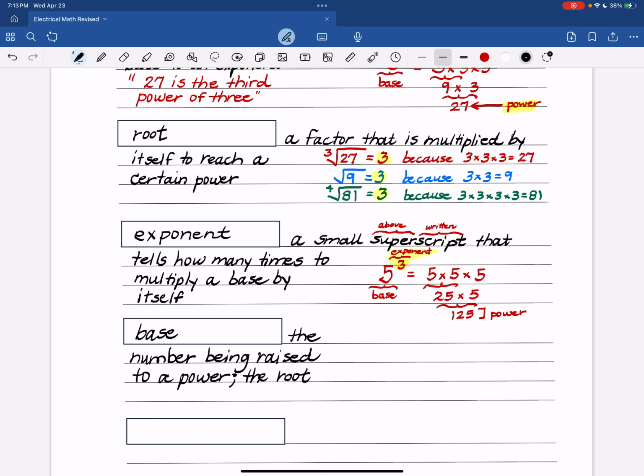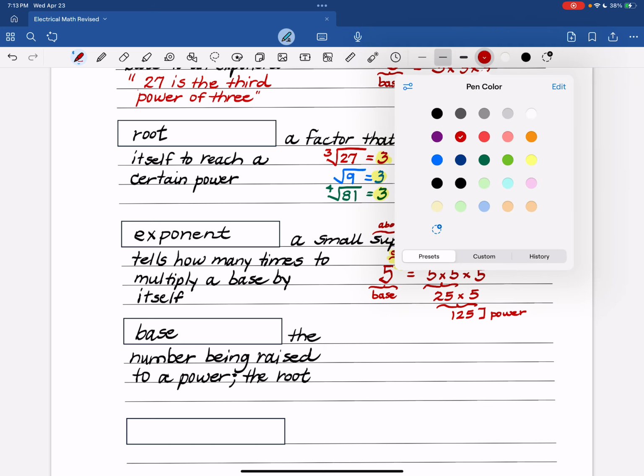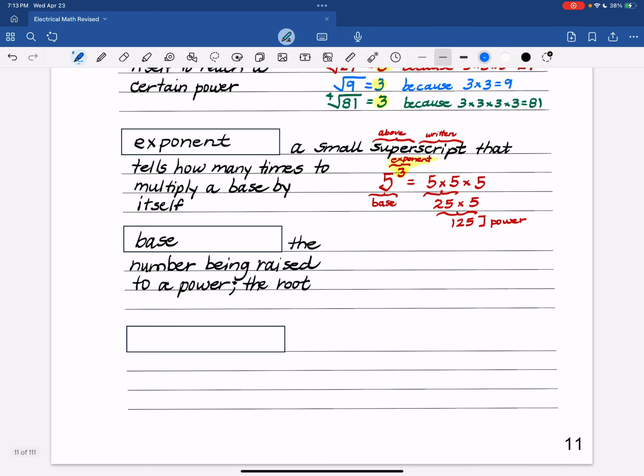So for example, let me get a different color. This is all kind of running together. Let's do 9 to the second power. We know that that's 9 times 9, that's 81. So the base is the 9. It's the number that's being raised to a power.